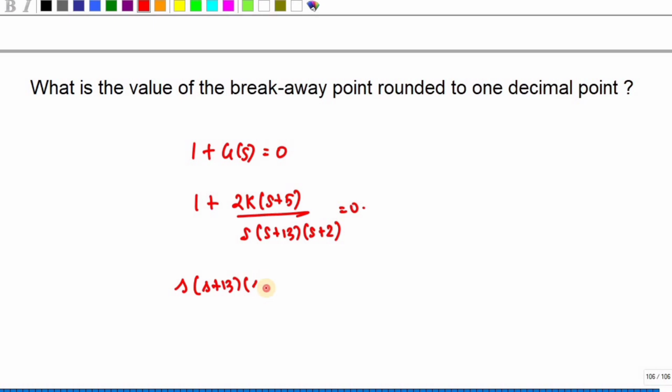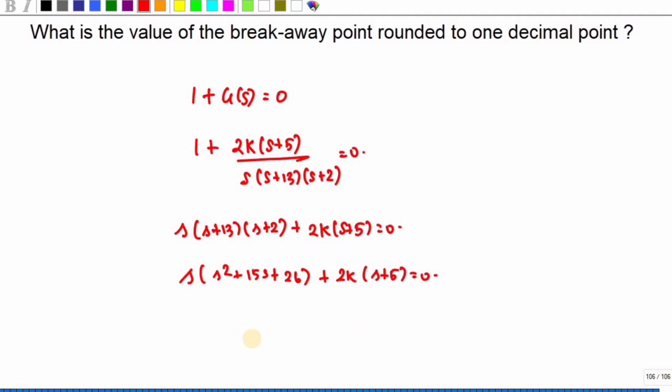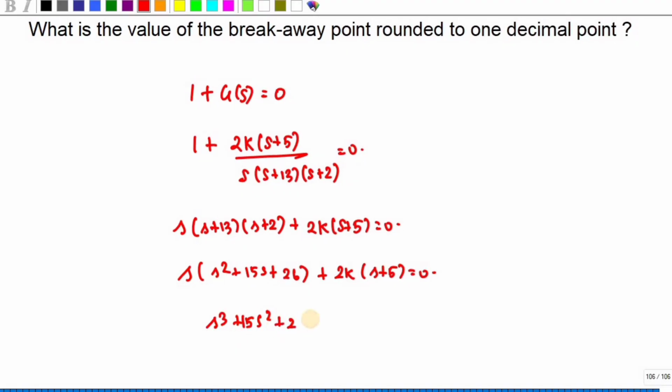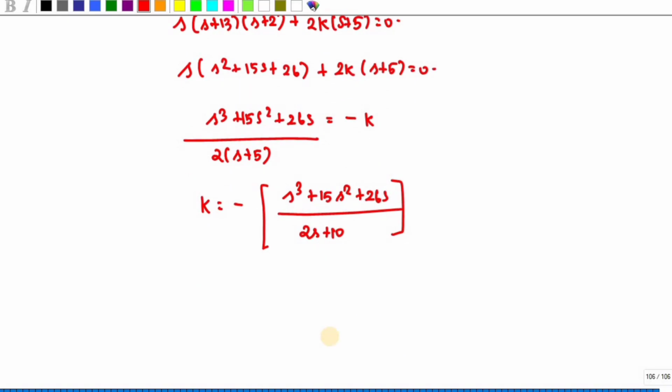If I multiply the denominator term and move it to the right hand side, I multiply s with (s+13)(s+2), that is s square plus 15s plus 26. Multiplying with s, I get s cube plus 15s square plus 26s divided by 2(s+5) equal to minus K. So I can write K like this.